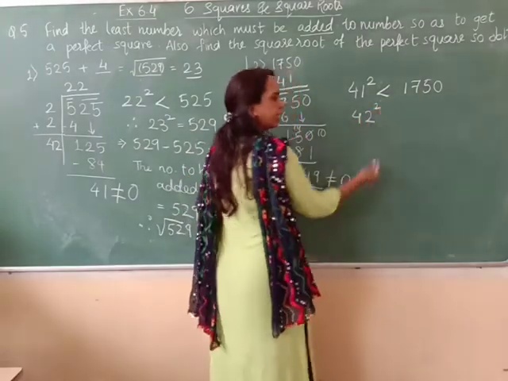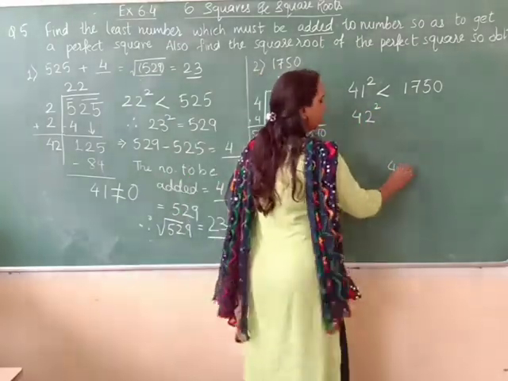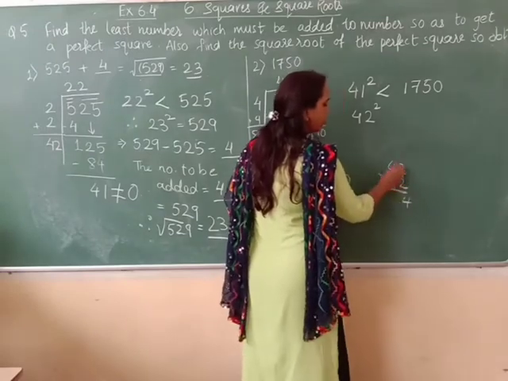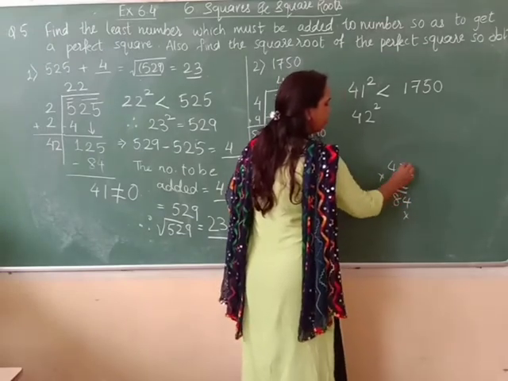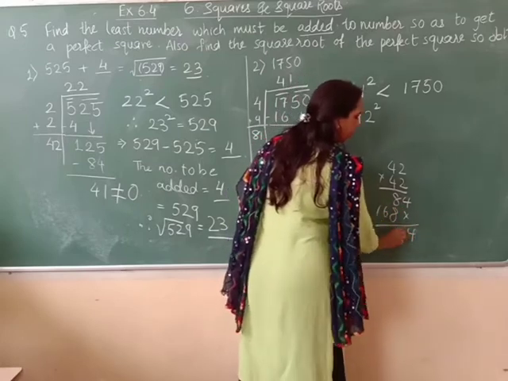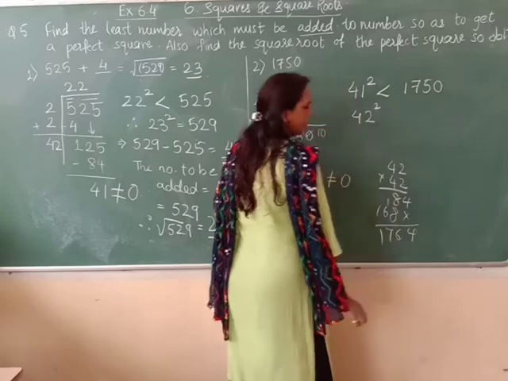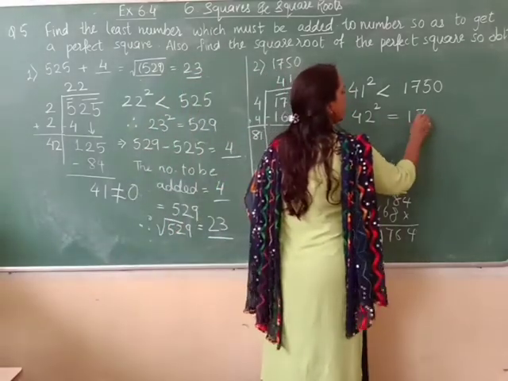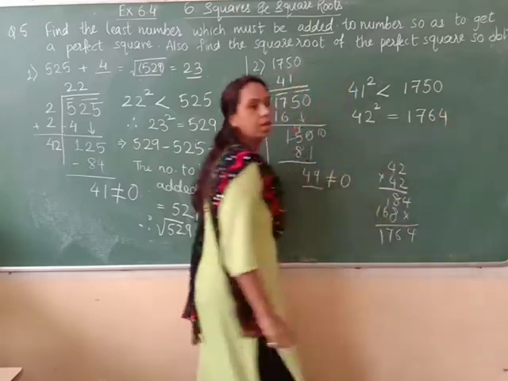So what is 42 square? Let us find out. 42 into 42: 2 into 2 is 4, 2 4s are 8, 4 2s are 8, and 4 4s are 16. So we have 1764.